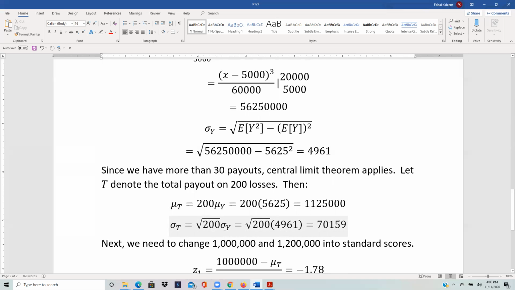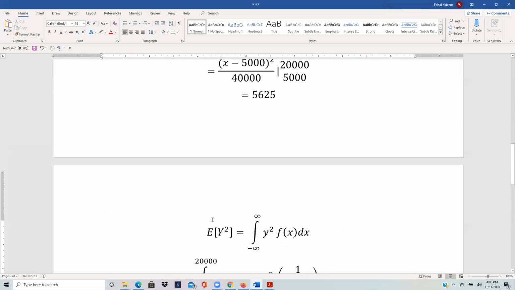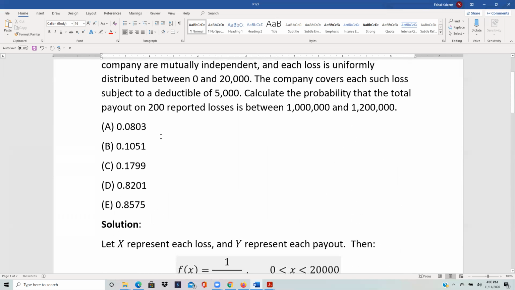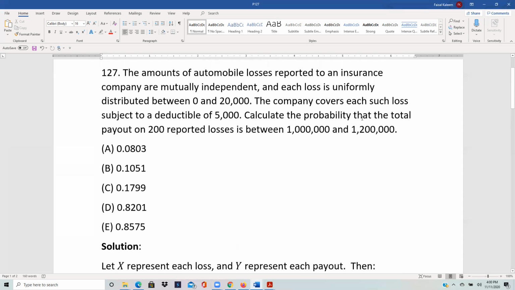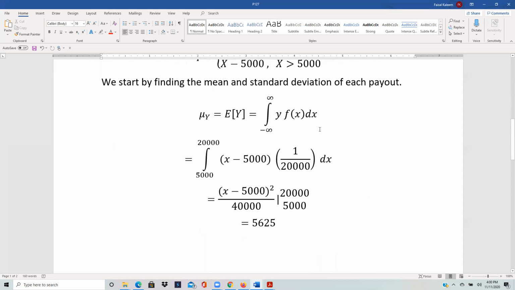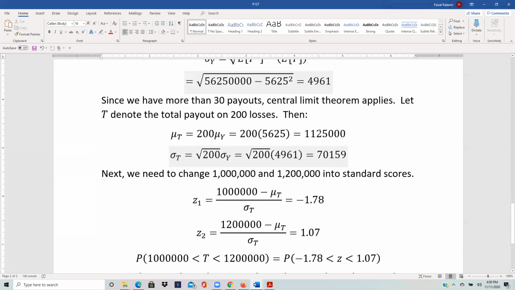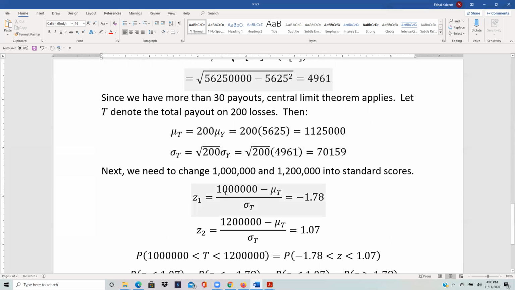Since we need the probability that the total payout of 200 losses is between 1 and 1.2 million, the next step is to change the 1 and the 1.2 million into z-scores, because we have to use the tables which are given in terms of z. The z-score of 1 million will be 1 million minus the mean over the standard deviation.